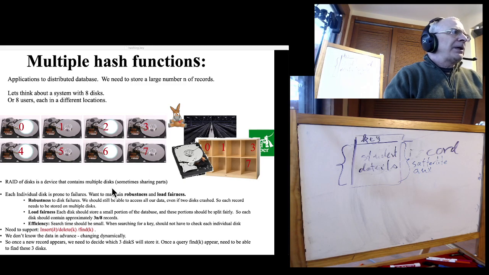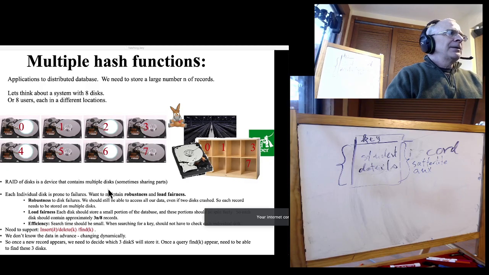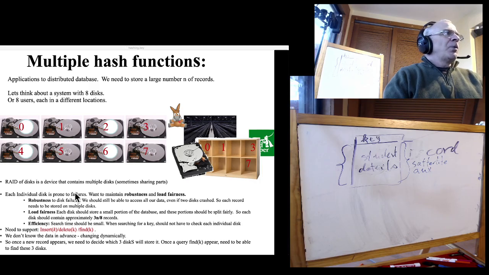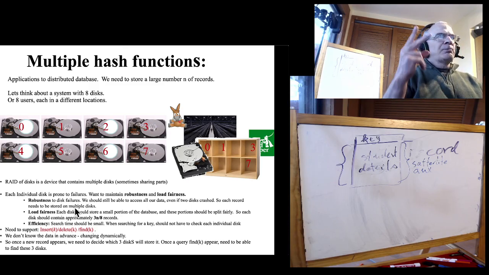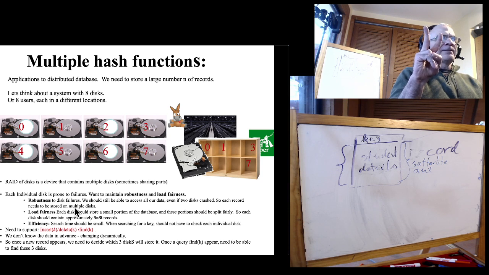If I don't want to depend on a single hard drive, I need to store each record on more than one hard drive. Let's arbitrarily say I want to be able to work as long as no more than 2 hard drives fail.